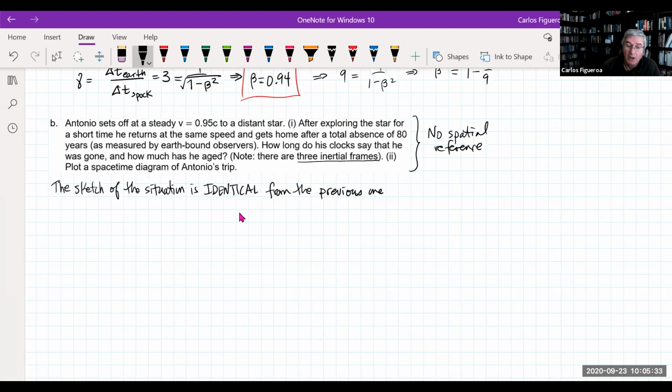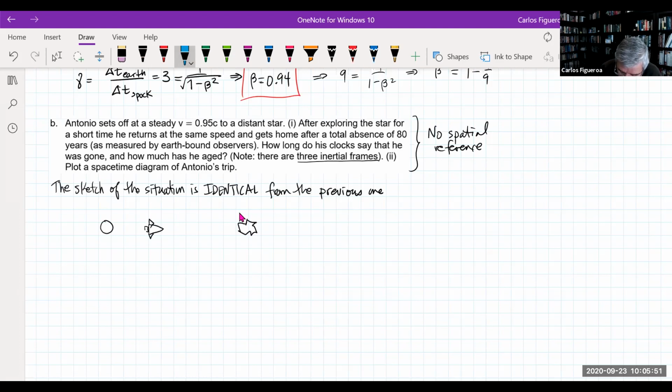But there's going to be a problem here. If I'm looking at the return situation, then I imagine that I have my star here, and then of course I have my rocket.